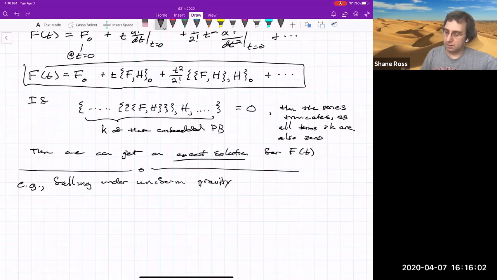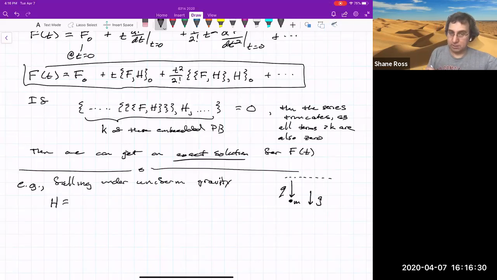I do not like falling under uniform gravity. So here I'm going to define from some reference height, I'll define q, just one direction aiming down. Here's the mass m, and gravity is headed down.